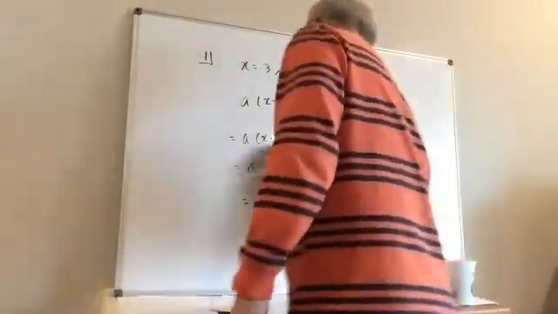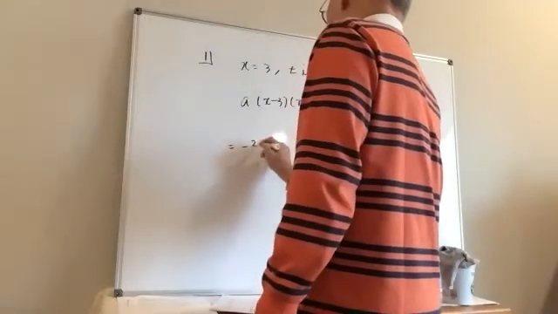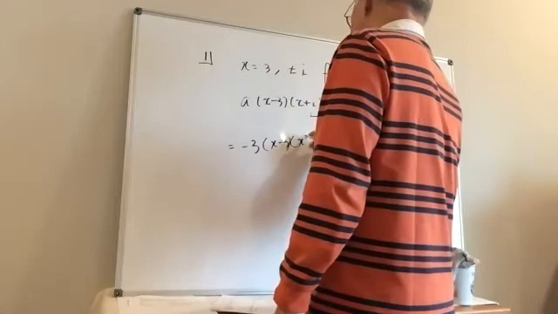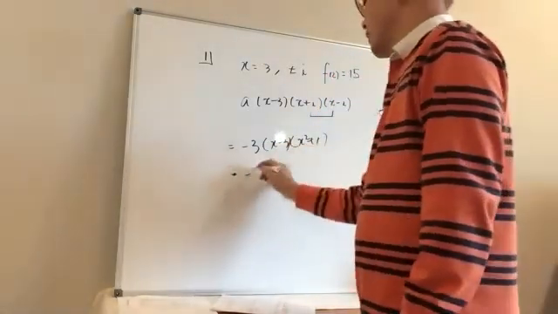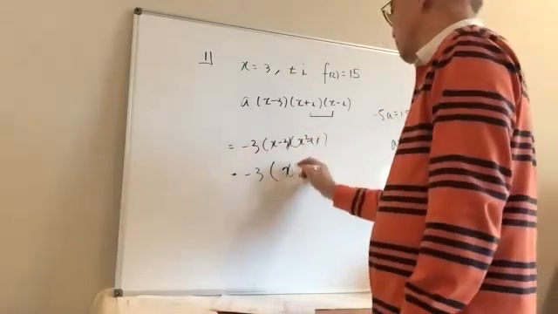So your final answer is going to be -3 times x minus 3 times x squared plus 1. So let's go ahead and do this part out now. I get -3. If I do this part, I get x cubed.